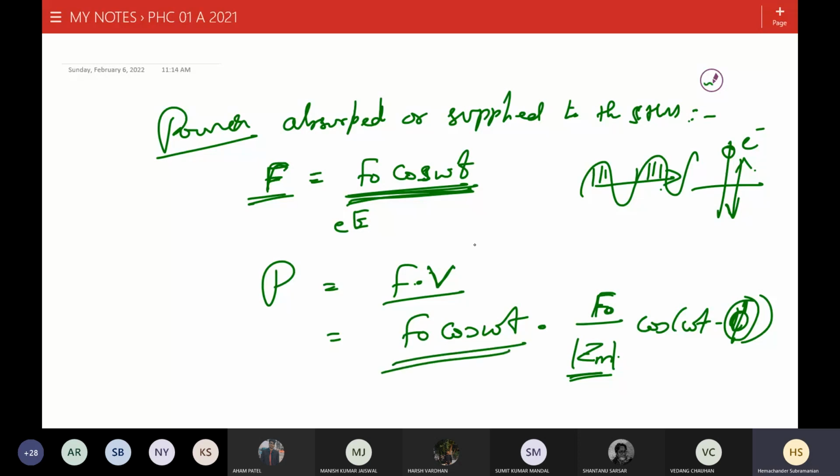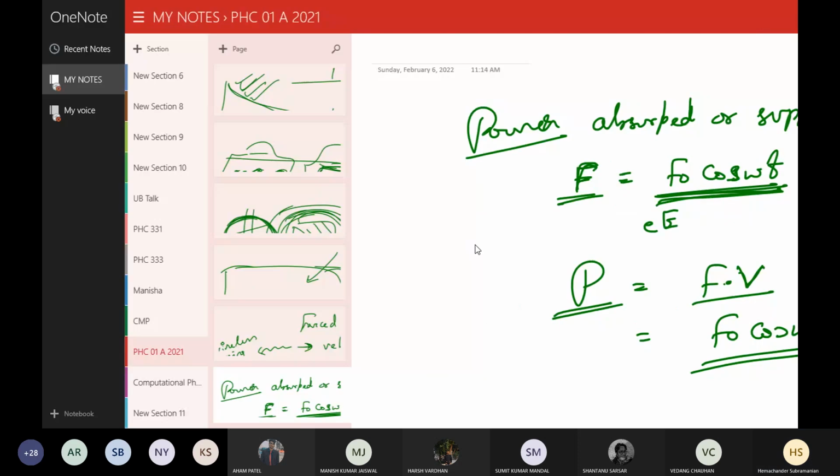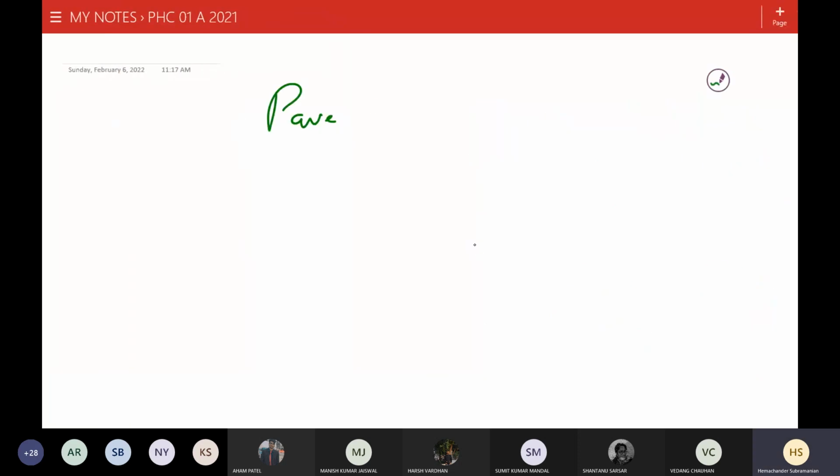So you have the force, you have the velocity. That is your instantaneous power. Now, what is the average power? The average power is 1 over T integral from 0 to T of dt. Yes or no? So you get an idea of how much power is dissipated per cycle.